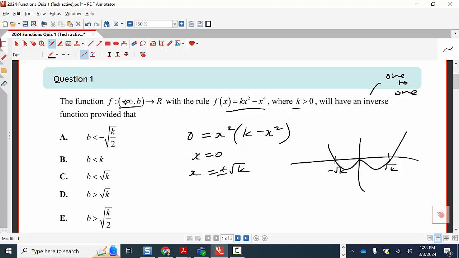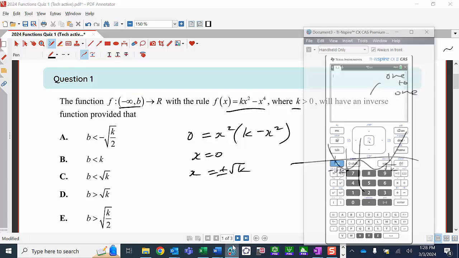We can see here that it's from negative infinity to b. So we're coming in from negative infinity, and what we need to do is stop at this point here. Whatever this point is, we want to know its value, and that's going to give us a one-to-one function.